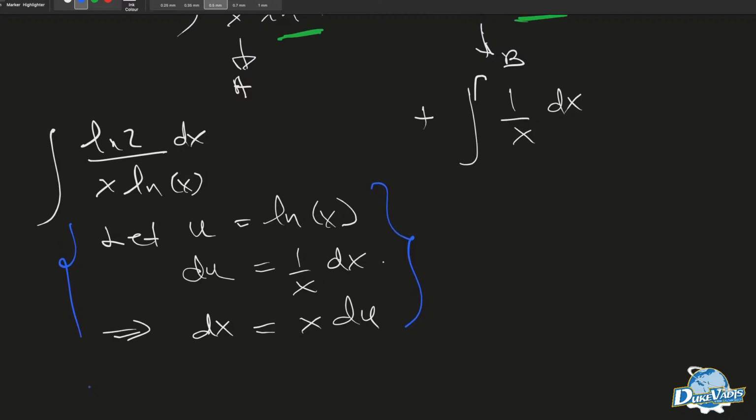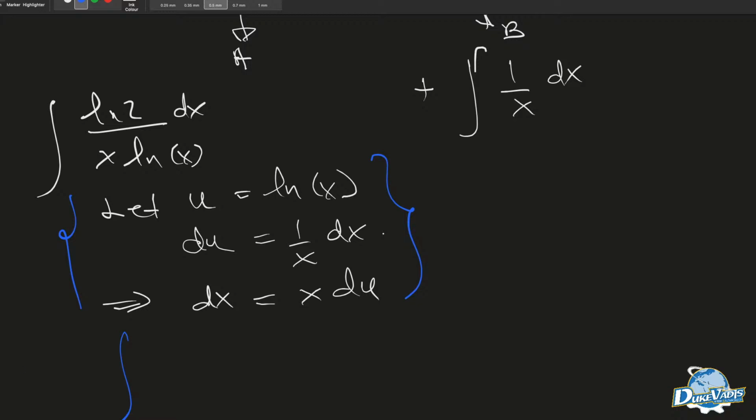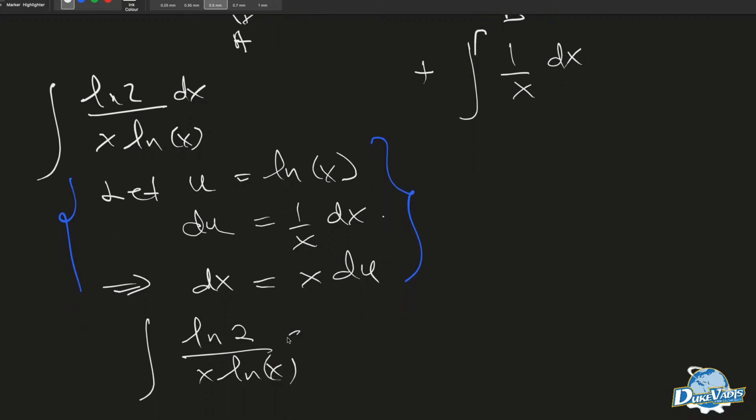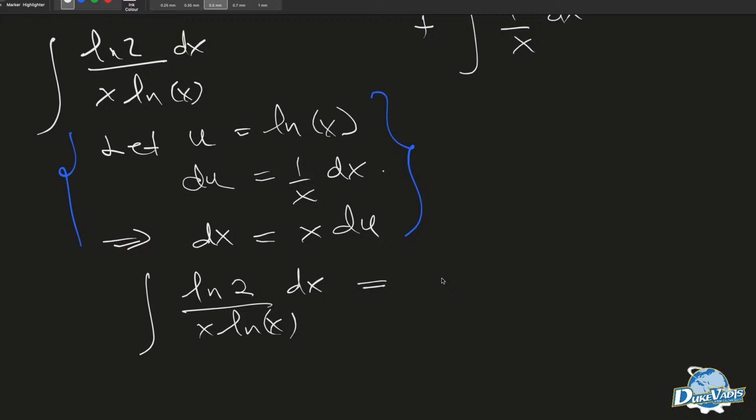Now the integral of natural log of 2 all over x natural log of x dx can be written as follows.